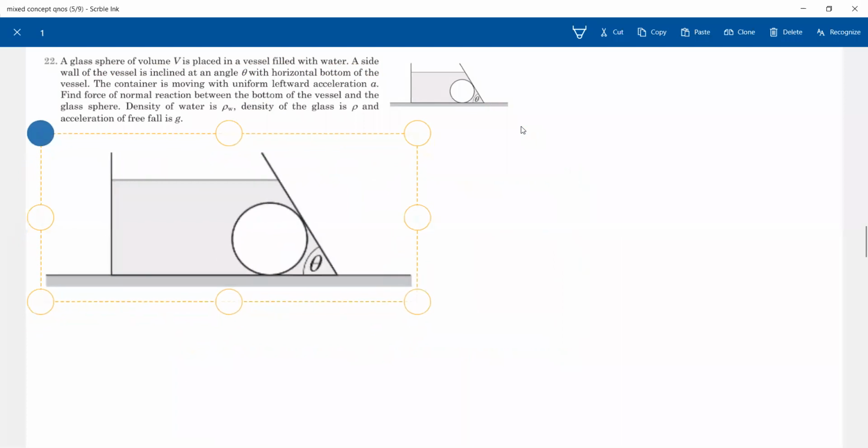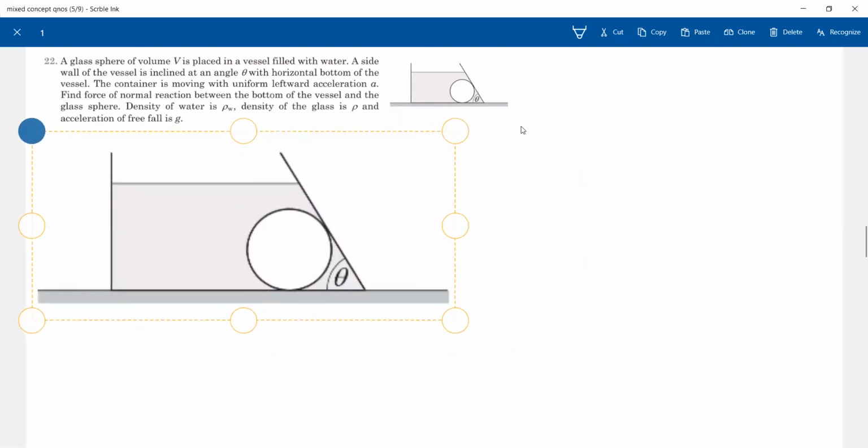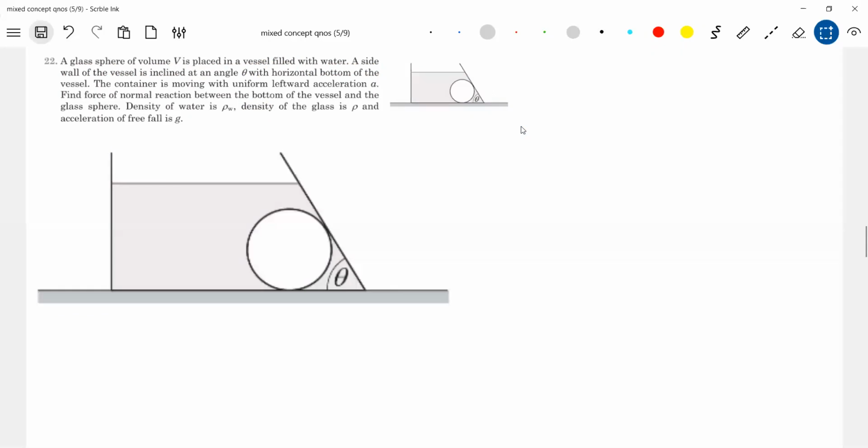I think this diagram will be enough for us to show all the things. Read the question.